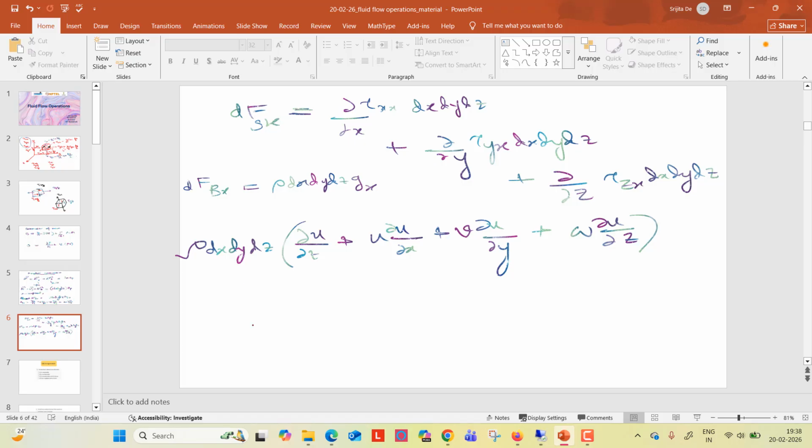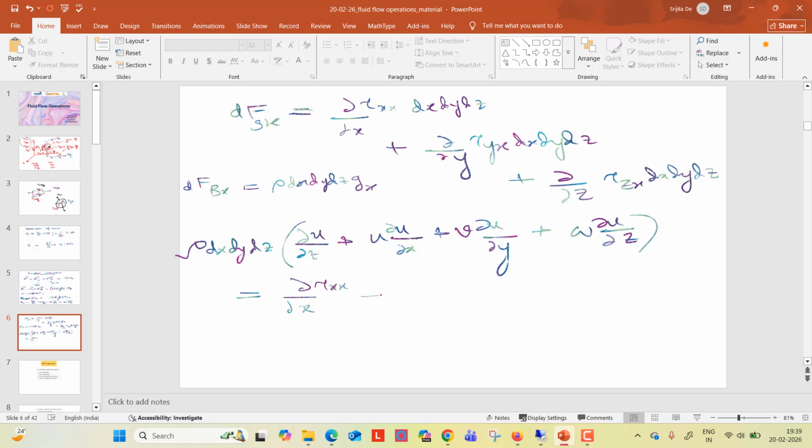Now we write the momentum balance equation: total force F equals surface force plus body force. The surface force is del x of tau xx.